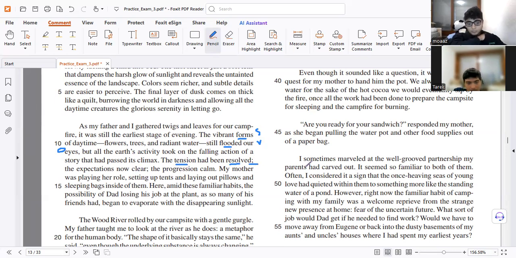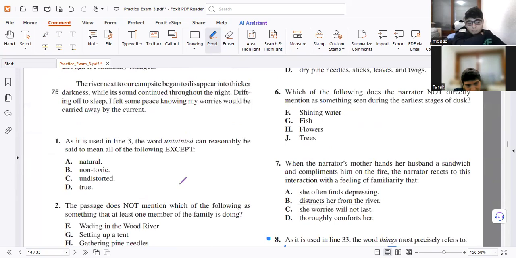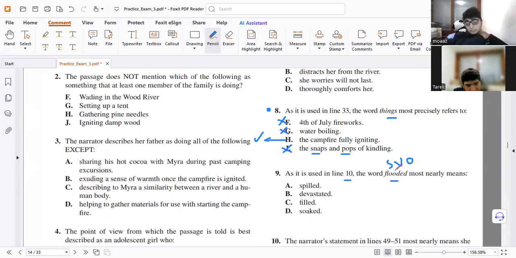Oh, yeah. So I read the sentence and the sentence before and after. And in the test, read very quickly the rest of the paragraph. You will need it in other questions. Now, it means flooded.